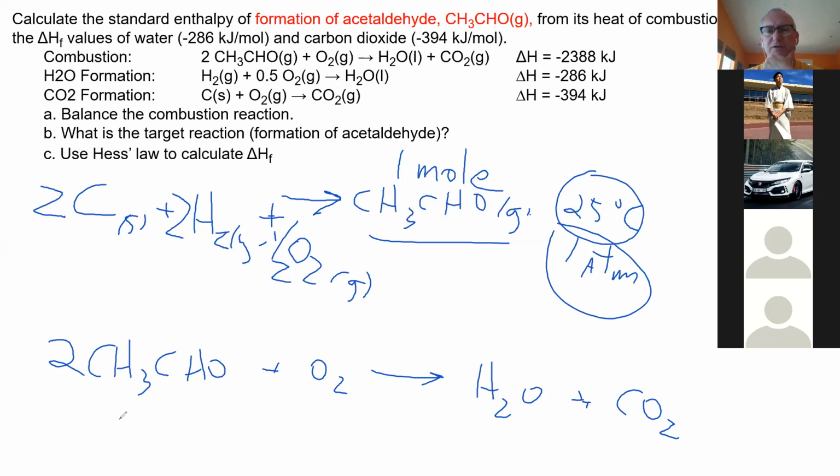How many moles of CO2 are we going to form to balance carbons on both sides? We would need 2 moles of carbon on the reactant side. How many moles of CO2 are we going to make from this reaction?